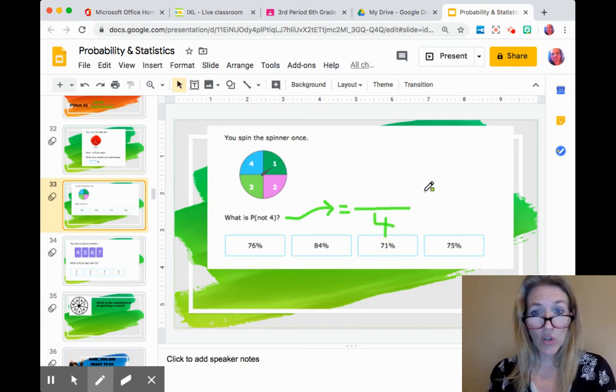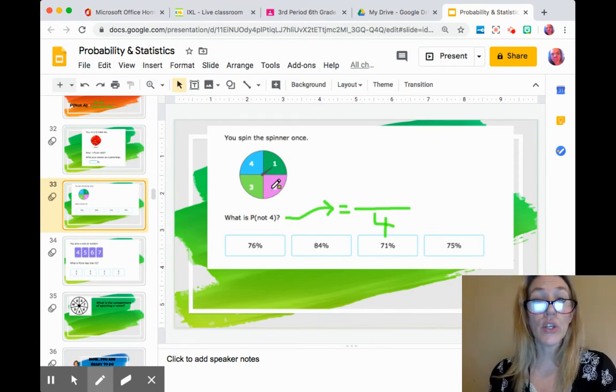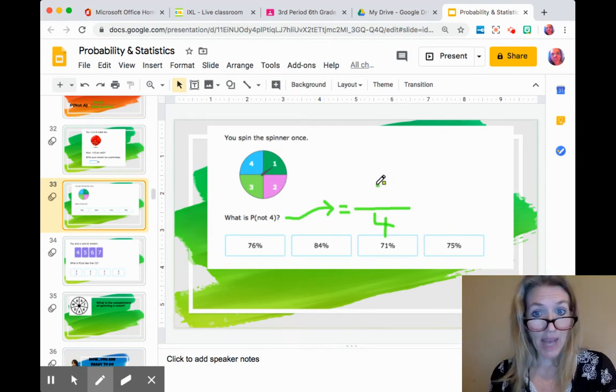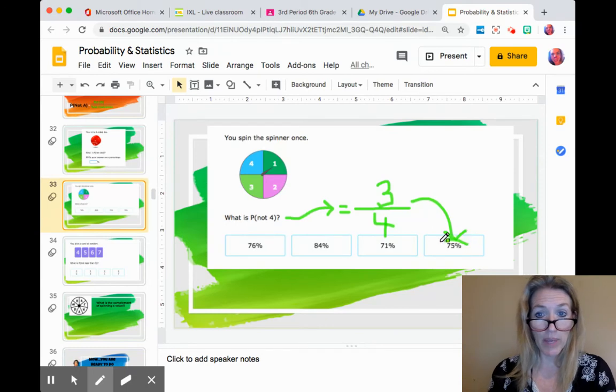And then in the numerator, we're going to put everything that's not 4. So 1, 2, and 3 are not 4. And I'm going to put those favorable outcomes, 3 different choices, in the numerator. So I've got 3/4, which of course converts to this percentage. And this would be our answer.